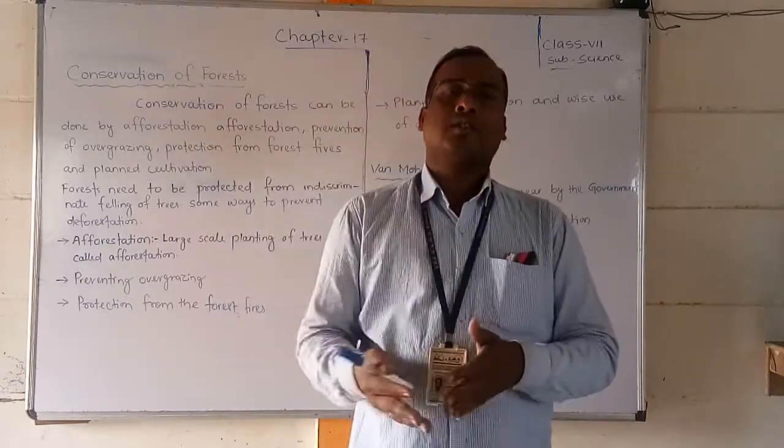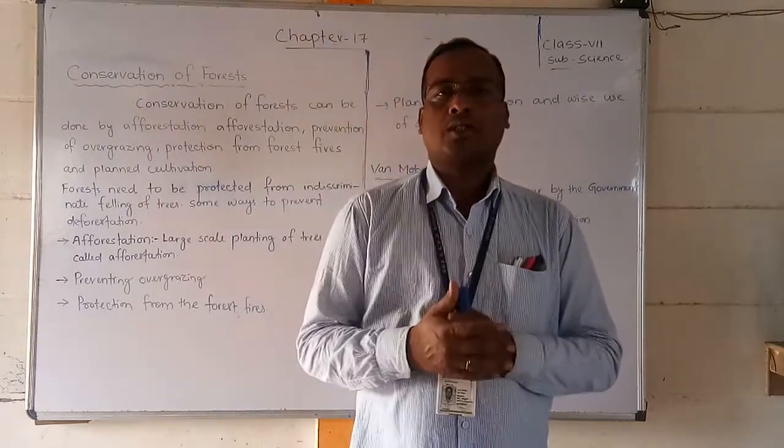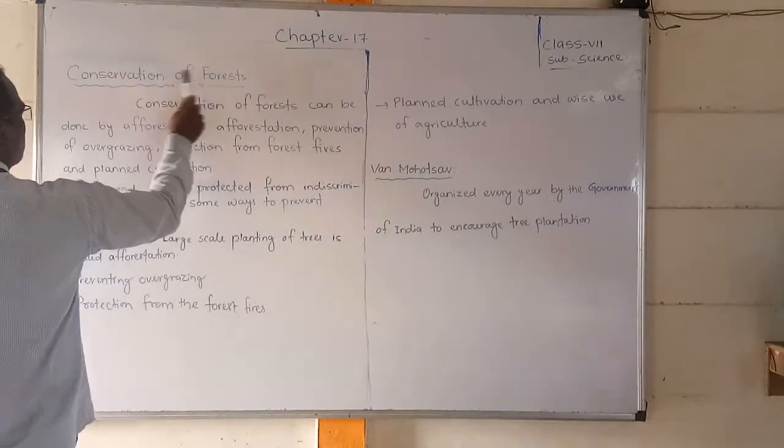So there are so many reasons and factors that destroy the forest. The action we have to follow against this is called conservation of forest. Let us see, students, what is the conservation of a forest.